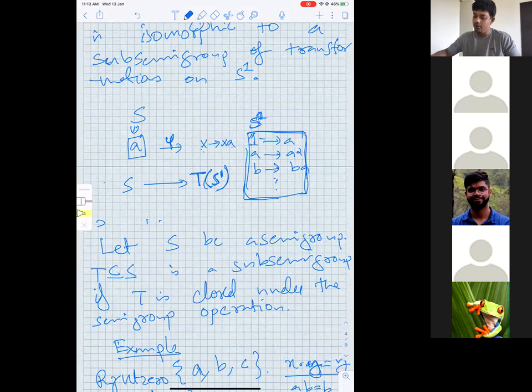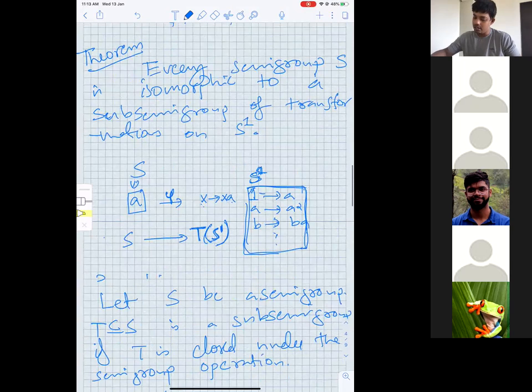Okay. So I have already observed that the set of transformations is closed under function composition, and it is also associative. So therefore, the set of all transformations on a set is a semigroup. In particular, the transformations on the set S1 is a semigroup.